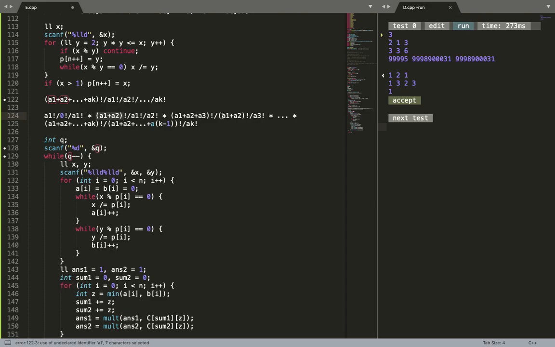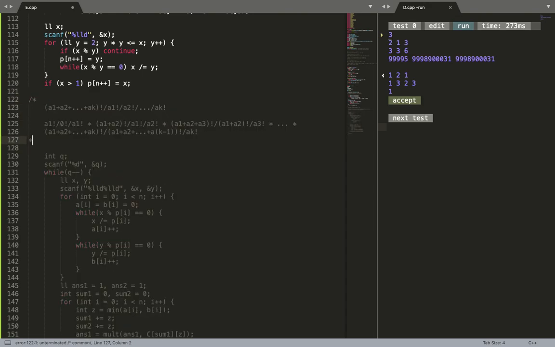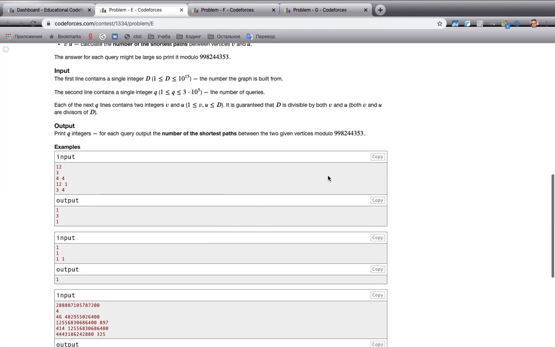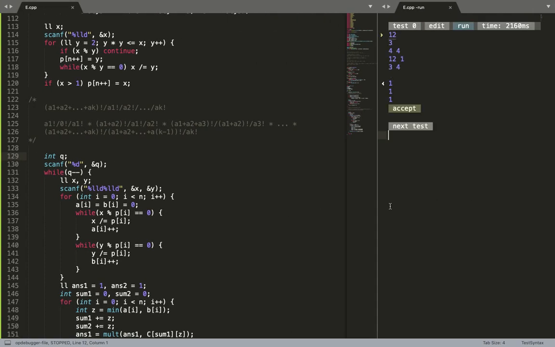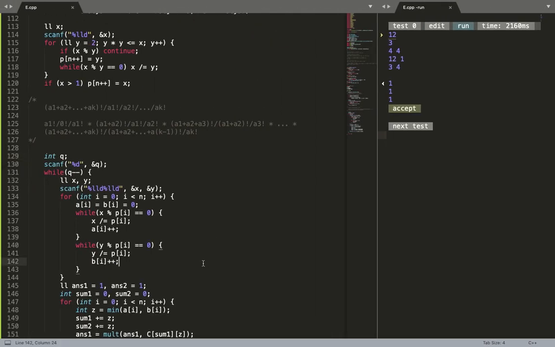This and the next one are equal, and they will all cancel out, and what will remain is this and all the individual factorials, and this one, which is not important, and we will get this. And it's not working. Interesting.